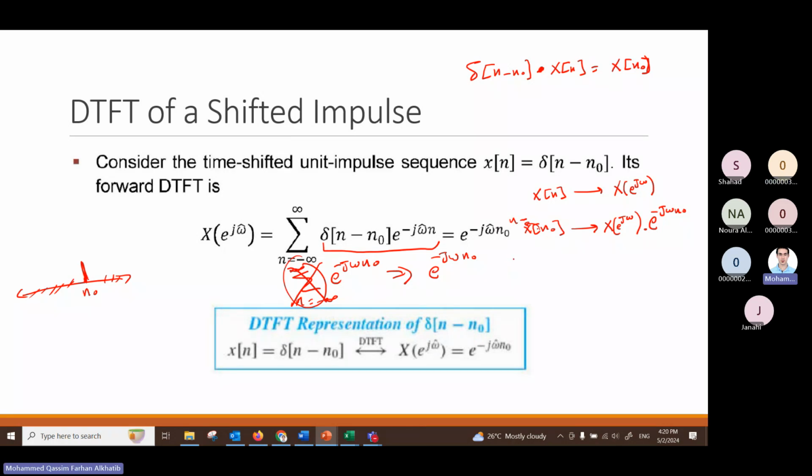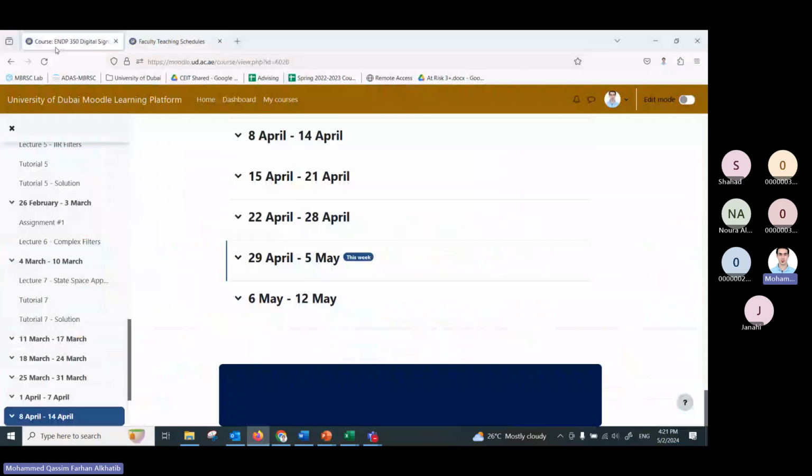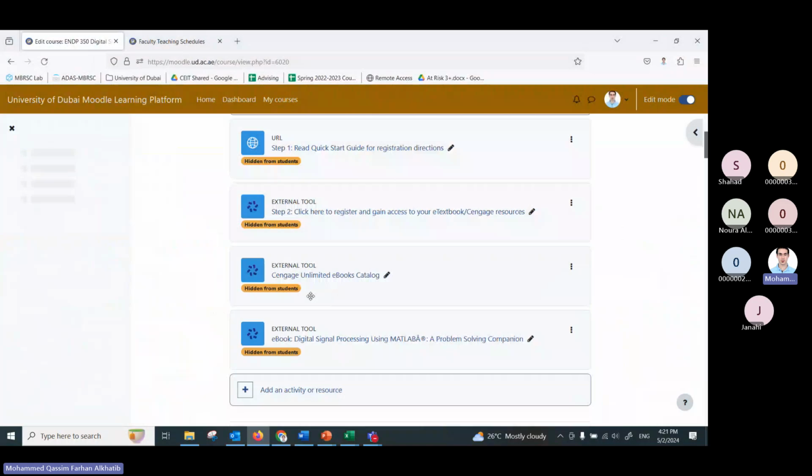Doctor, could you please share this lecture in Moodle? You want it now? Sure, all right. Thank you. Okay, let's discard the annotations and open Moodle. So today is second here.